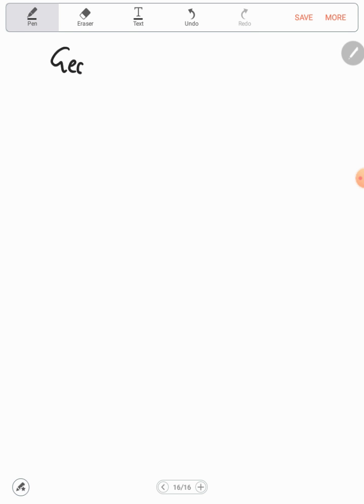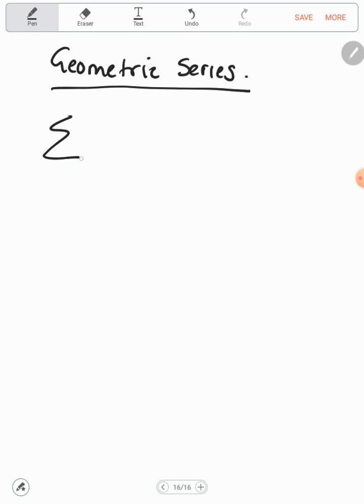Now we move to a special kind of series known as the geometric series. A geometric series is a series in the form summation from k equals 1 to infinity of a r to the power k minus 1. The sum of a geometric series is given by a over 1 minus r.